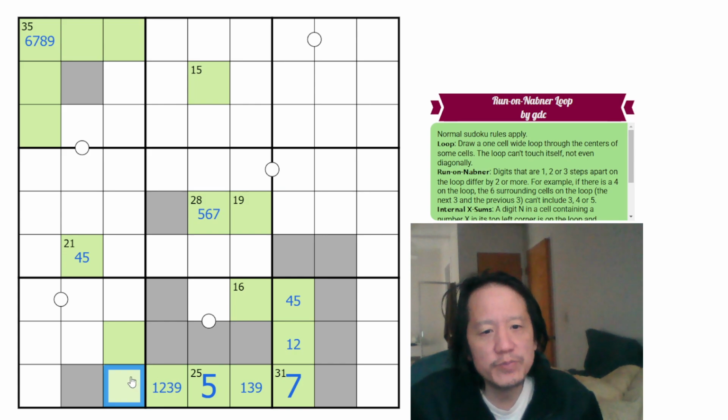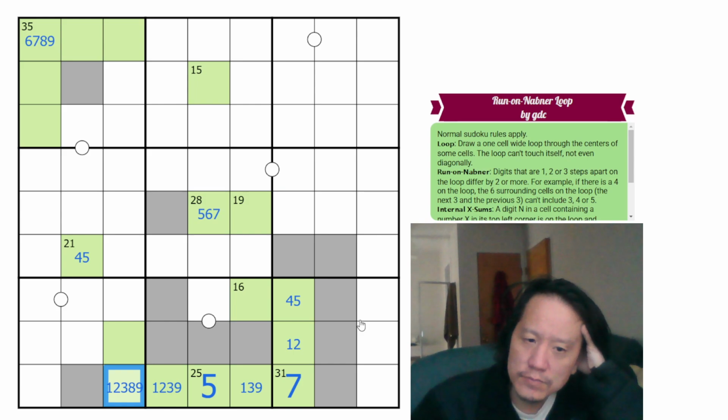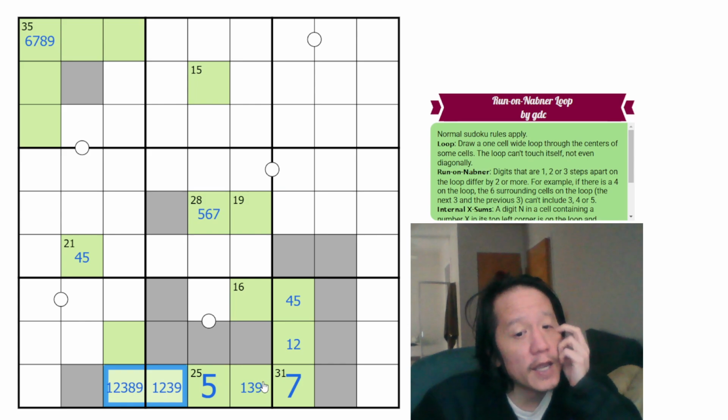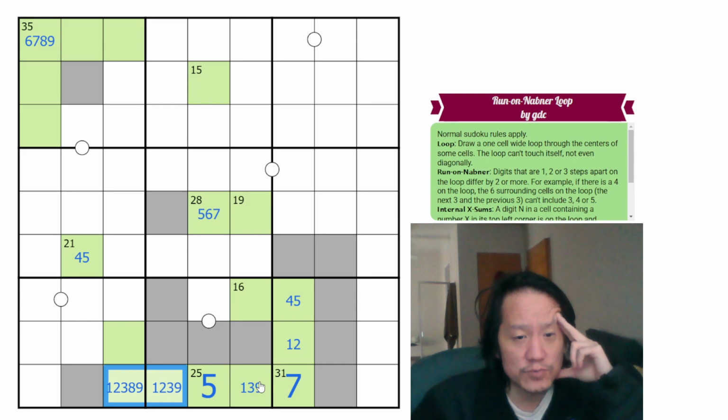This could be 6 or it could be 8. So this is 1, 2, 3, 8, or 9. Okay, but then the problem is this adds up to 12. These 3 digits add up to, sorry, not 11, 13. And the only possibility, I think, is 1, 3, and 9.